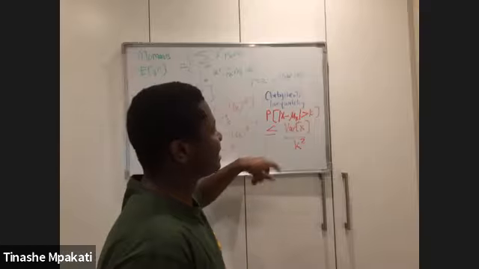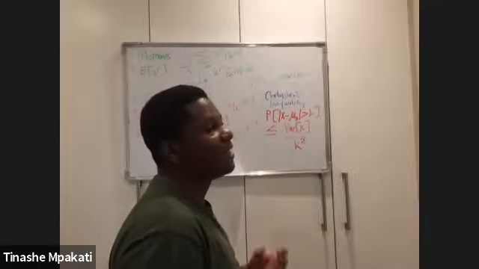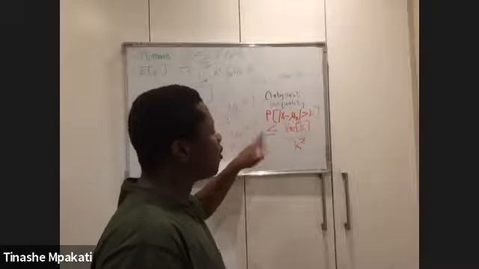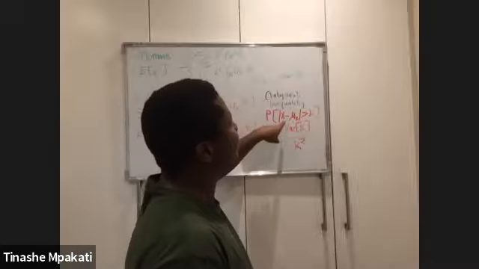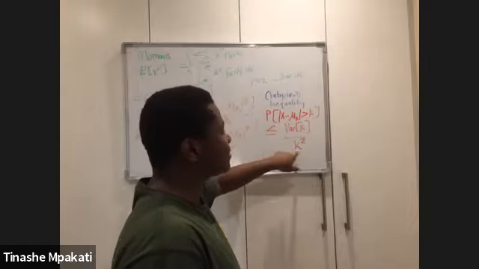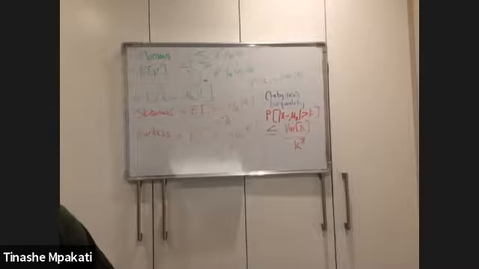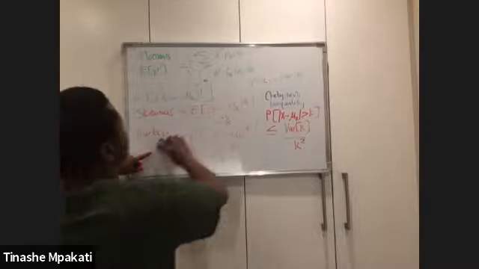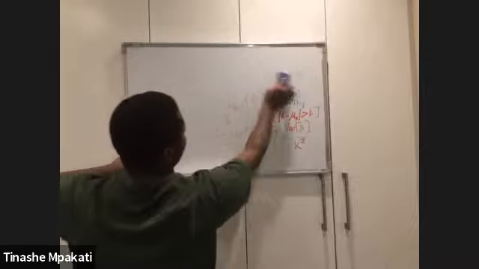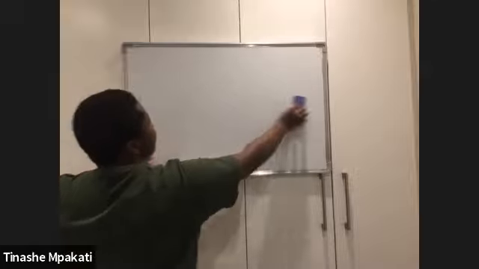So the probability that the distance between X and its mean is greater than some k, which is a positive number, is always less than or equal to the variance of that random variable divided by what you want it to be greater than, squared. Again, we're going to look more in depth in the next workshop, where we will be looking at convergence of random variables to some number.